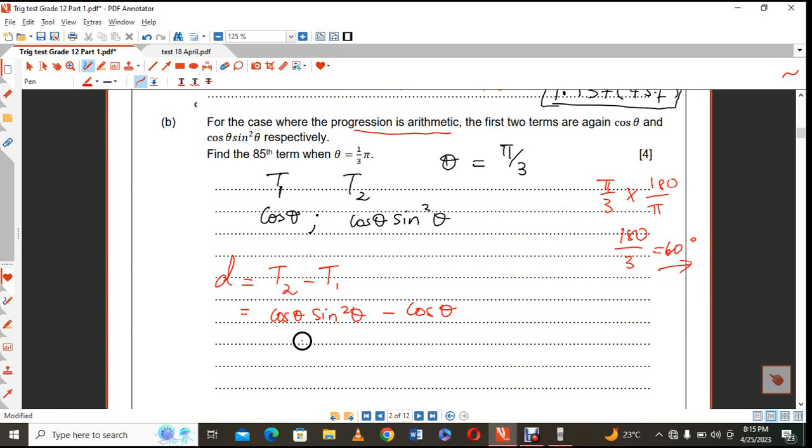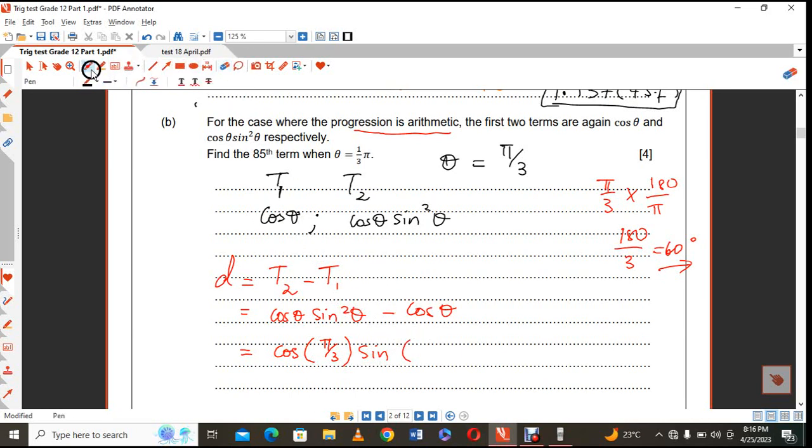But we know what theta is, so our theta is nothing but cos of pi over 3, which is like the 60 degrees, times sine of pi, and I'm just going to write it again so you can know how to put it in a calculator.